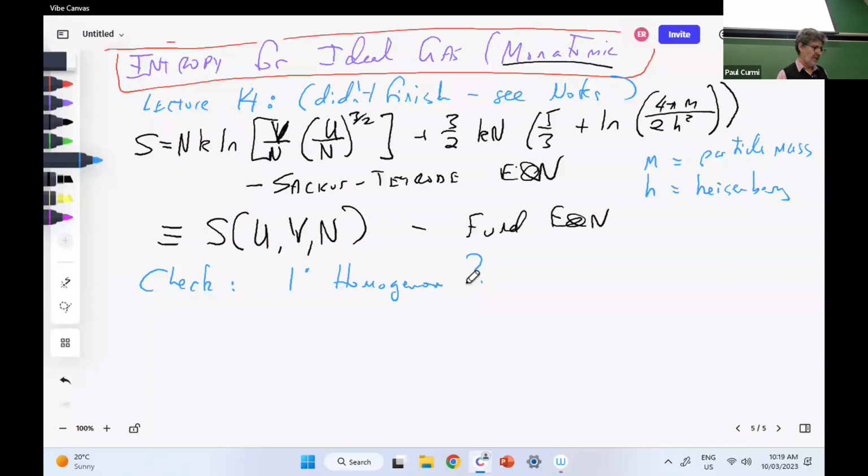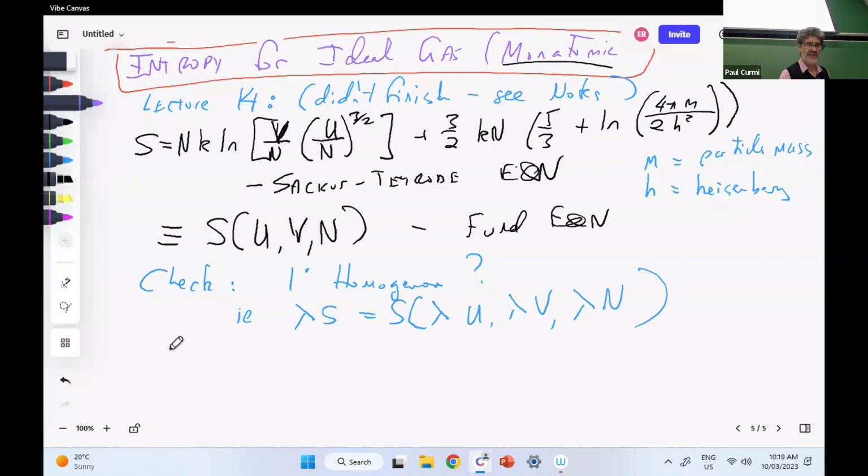What you want to get is that lambda S equals S of lambda U, lambda V, lambda N. I'm going to leave that for homework.